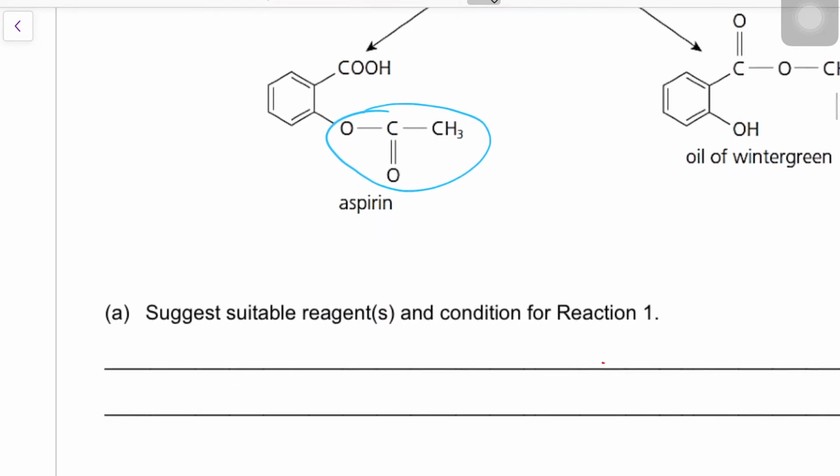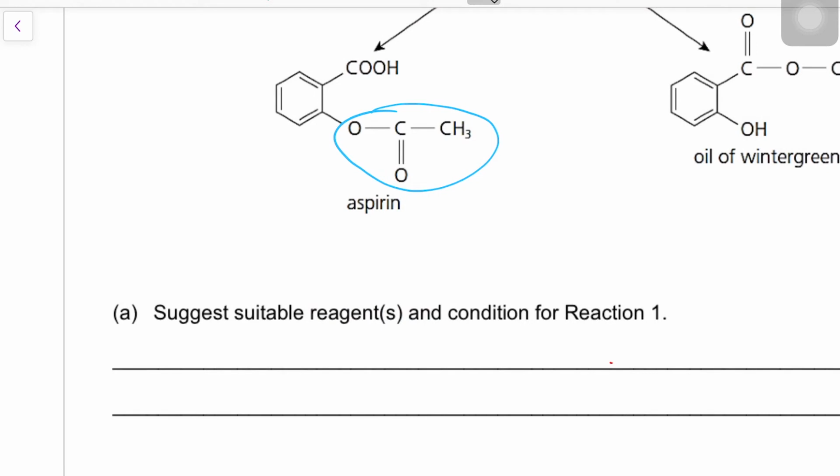It is esterification, and the suitable reagent, let's see. We break down the C-O bond. Then we need this part to exist as an acid. So we need ethanoic acid.